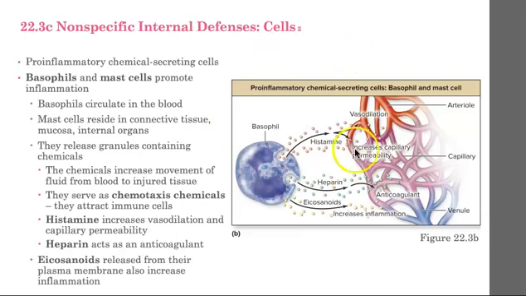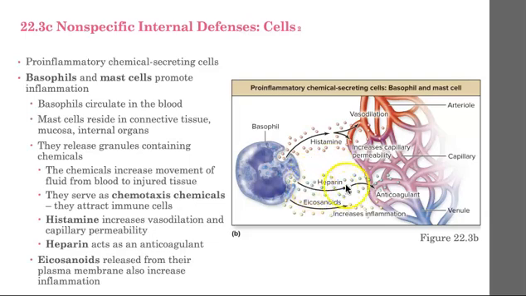And then the chemicals that are typically released are histamine, which will increase vasodilation and also increase capillary permeability. So as our immune cells are moving through this capillary, they are going to be more readily able to leave the capillary and move within the tissues where the damage is taking place.